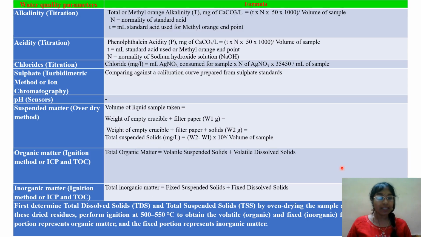Then this dried residue we need to ignite at 500 to 550 degrees Celsius. From there we can get the organic and inorganic fraction. The volatile portion represents the organic matter and the fixed portion represents the inorganic matter. That formula is given here. You can take a snapshot and work out on this.